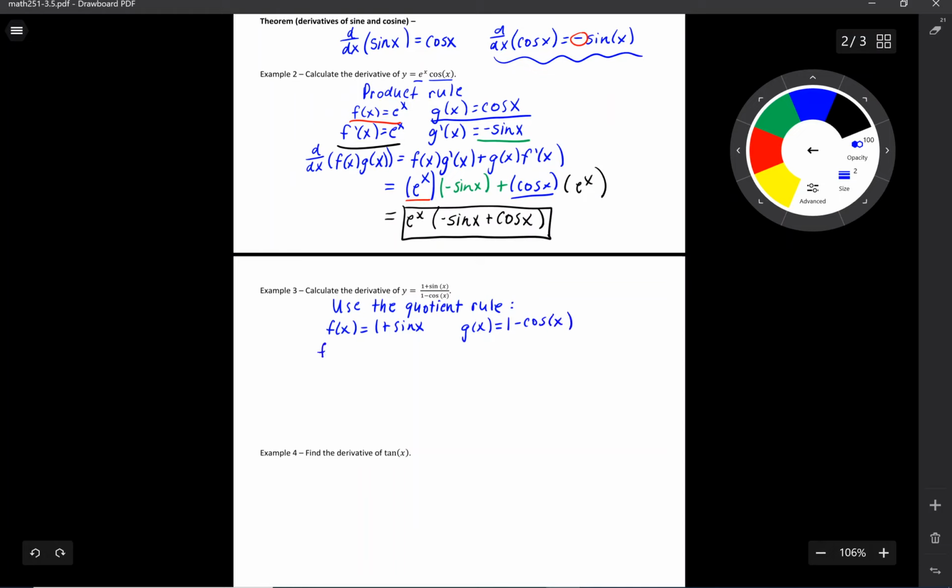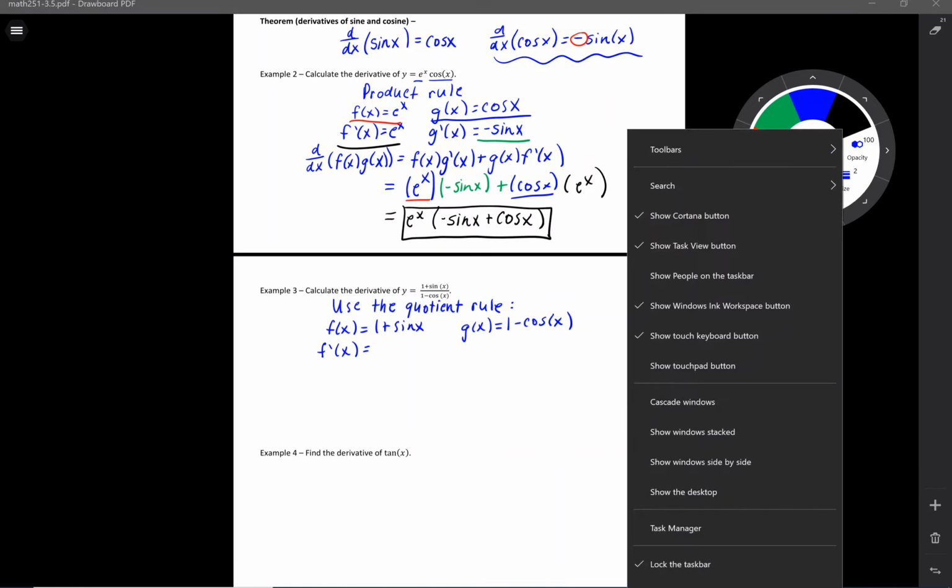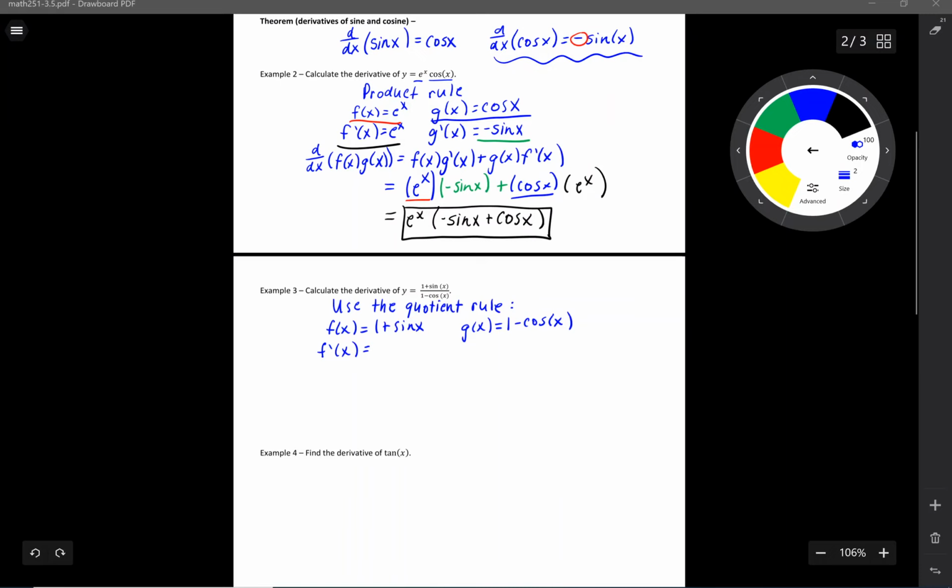Then my f prime of x, well, the derivative of 1 is just equal to 0, and the derivative of sine of x is equal to cosine of x. Then g prime, again, the derivative of 1 is equal to 0. And then I have the negative derivative of cosine of x. Well, the derivative of cosine of x is negative sine of x. But because I have this negative in front, this becomes positive sine of x.